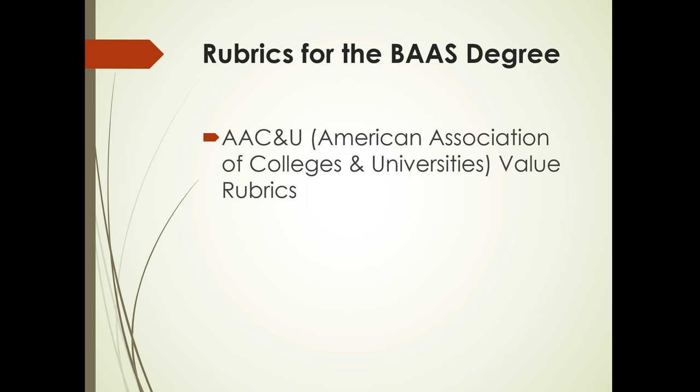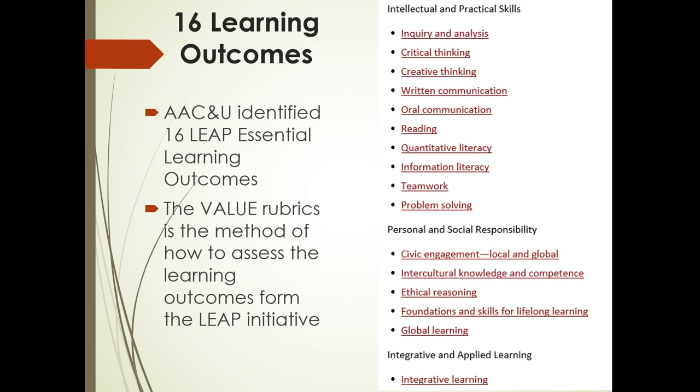Where did this rubric come from? The AAC&U developed something called the LEAP Essential Learning Outcomes. LEAP was launched in 2005, about 14 years ago, by the members of the Association of American Colleges and Universities.